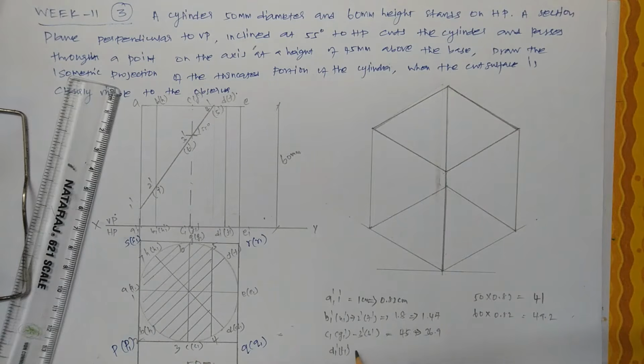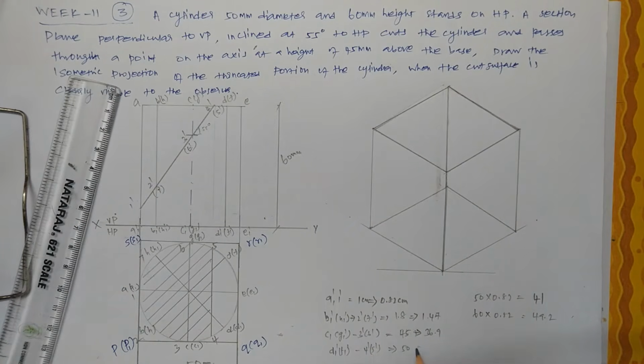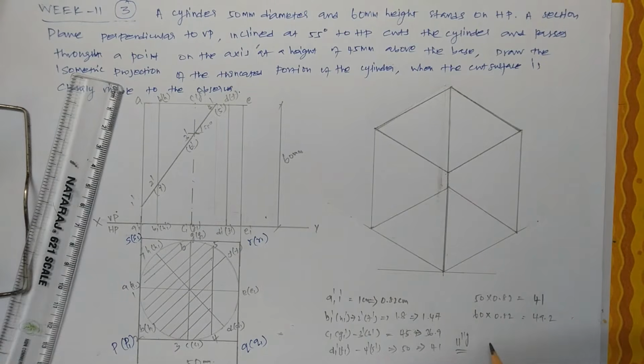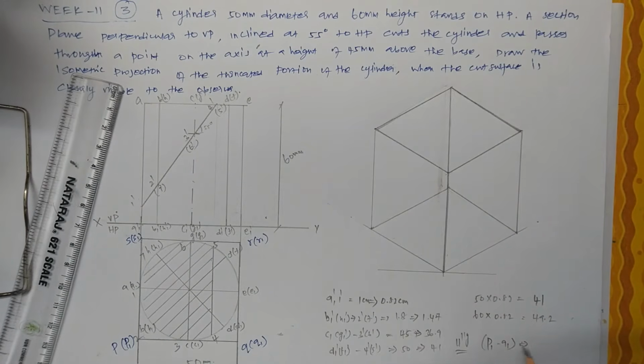That is 49.2, because it is from the base, 4 dash and 5 dash, the height is the same as the cylinder height. It's 49. Okay, it is 49.